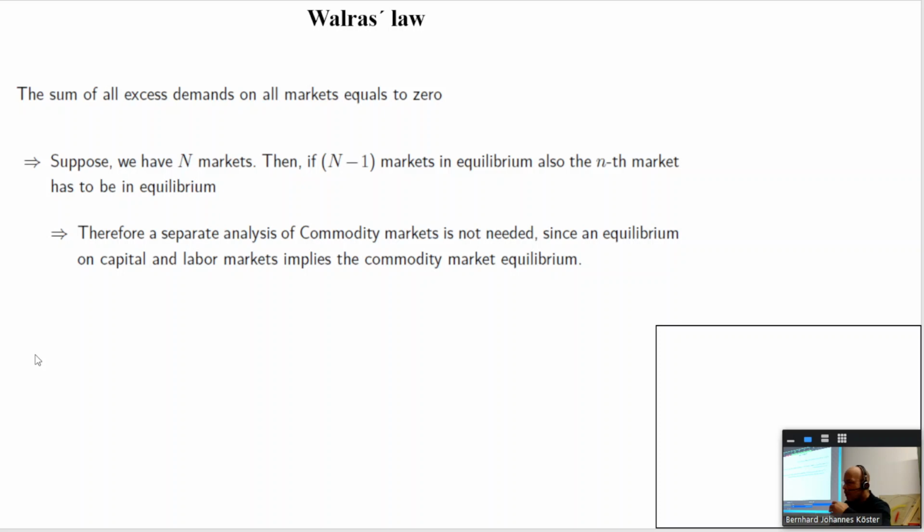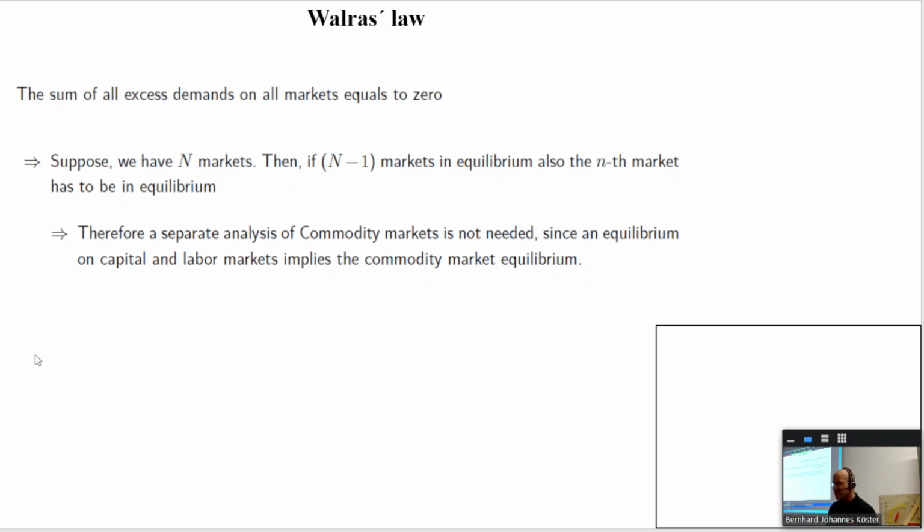Well, and if all these markets are functioning in a fully perfect competitive way, and all these markets have an interdependence, because we need the money to buy goods. So there is a dependence between the money market and the goods market. We need the labor in order to produce goods. So there we have the dependence, and so on and so on.